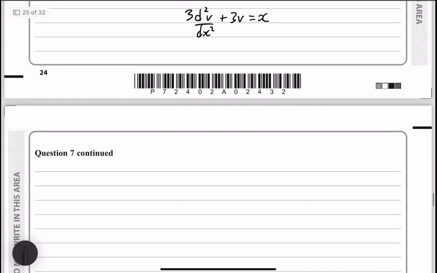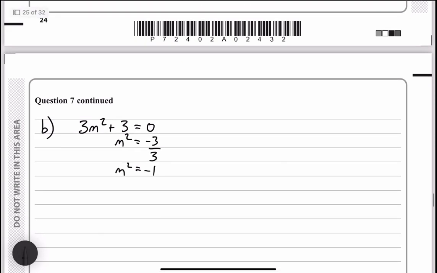So to solve this, we are going to do it in the usual way. We need the complementary function and the particular integral. So let's start: 3m squared plus 3 is equal to 0. That gives us minus 3 over 3 for m squared. So m is equal to i, the square root of minus 1.